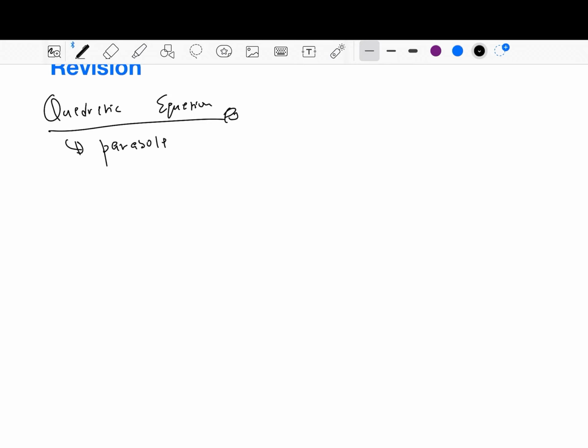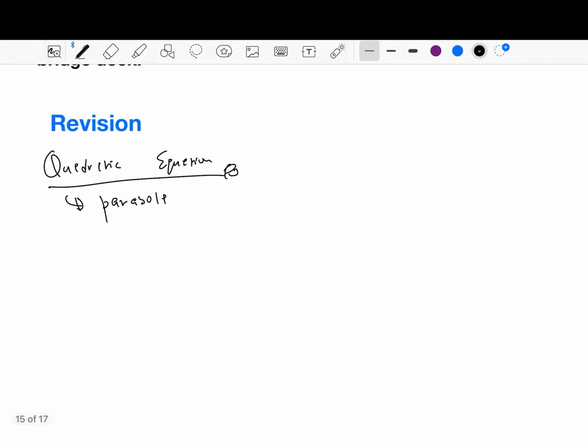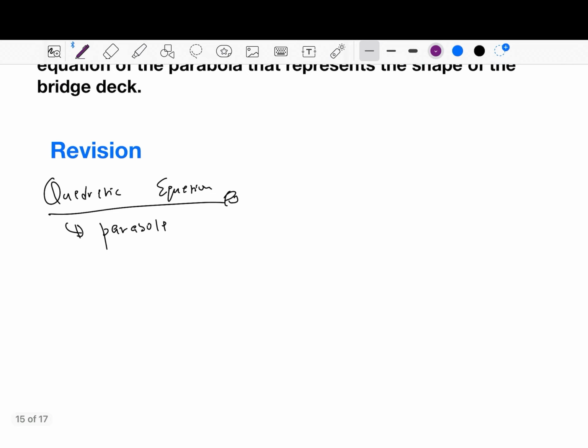There are so many names, but the most popular names are just quadratic equation or parabola. If I may draw a picture of a parabola or a parabolic shape, it will look like this. Anything that looks like this is a parabola or a parabolic shape.